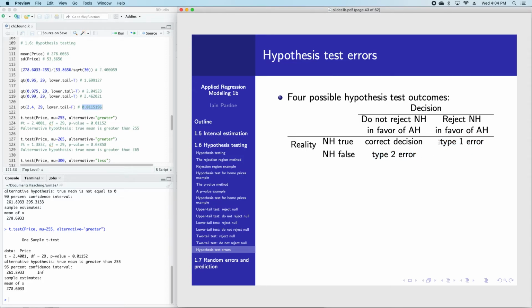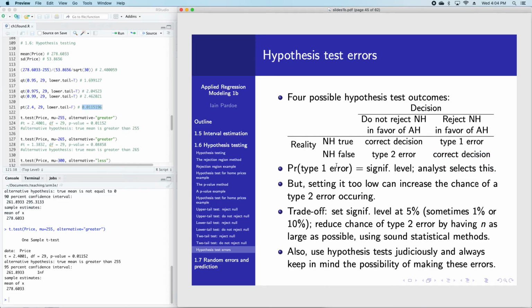And so when we set the significance level, the probability of a type 1 error, we can set it low, but we can't set it too low, because otherwise the probability of a type 2 error goes up. So we have to strike a balance. And then finally, if the null hypothesis is false and we reject it, then that's good. We've made a correct decision.